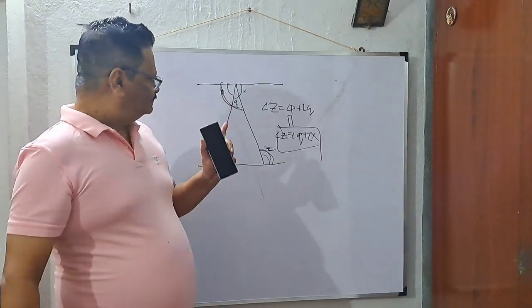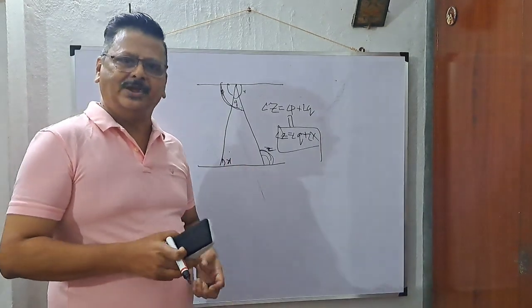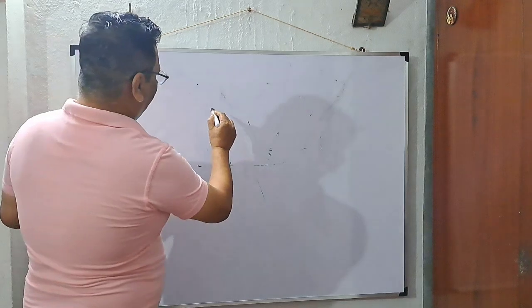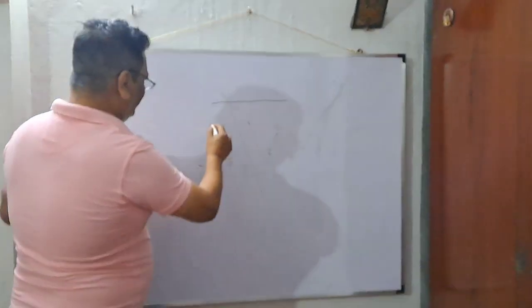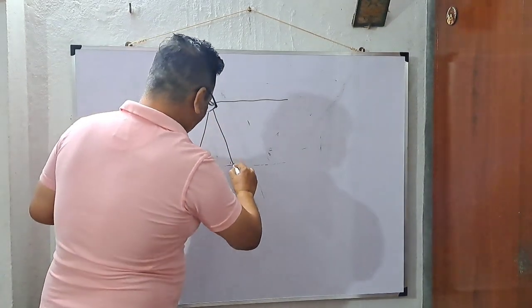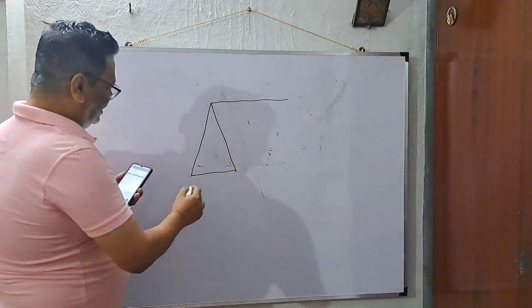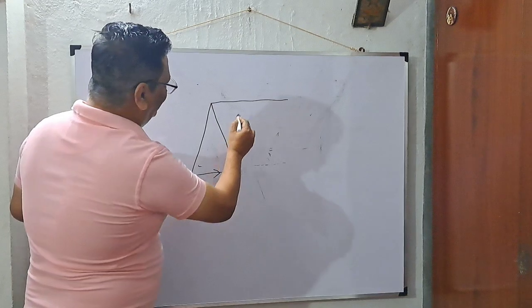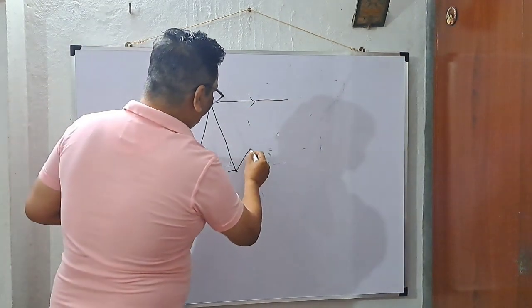So, remaining on this, let us see some problems. I'll give you the reference. We've got a line like this, then another line like this, and this is another triangle. Now we say that this line is parallel to this line, and this is connected.